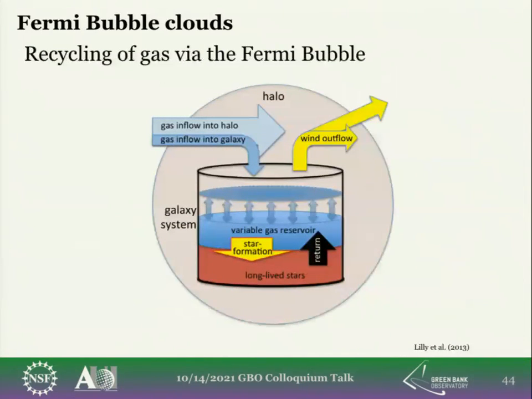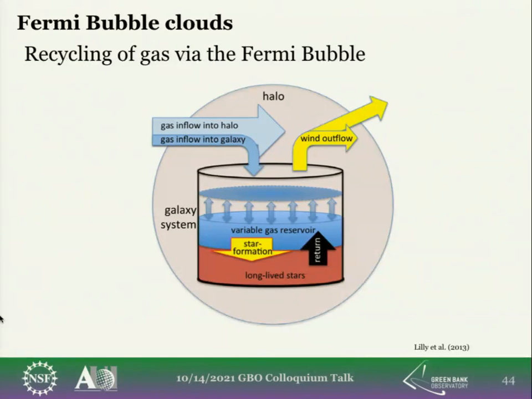All right, so lastly, I wanted to briefly discuss how this relates to the cycle of gas across the galaxy. In this figure by Lilly et al. 2013, they have a nice diagram of how gas is being transported and recycled across the region.